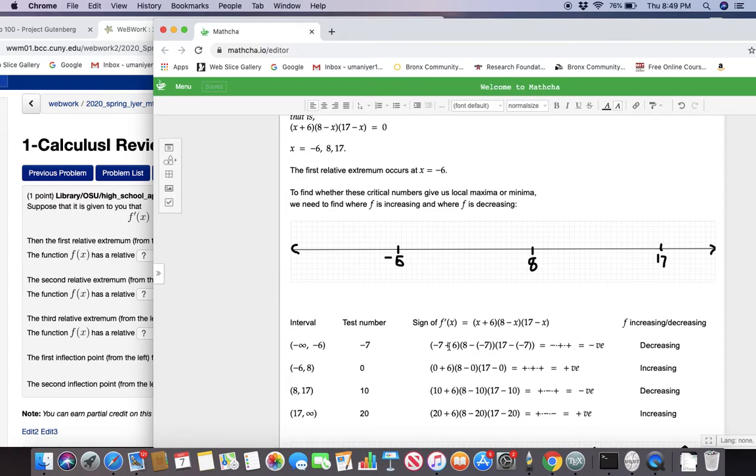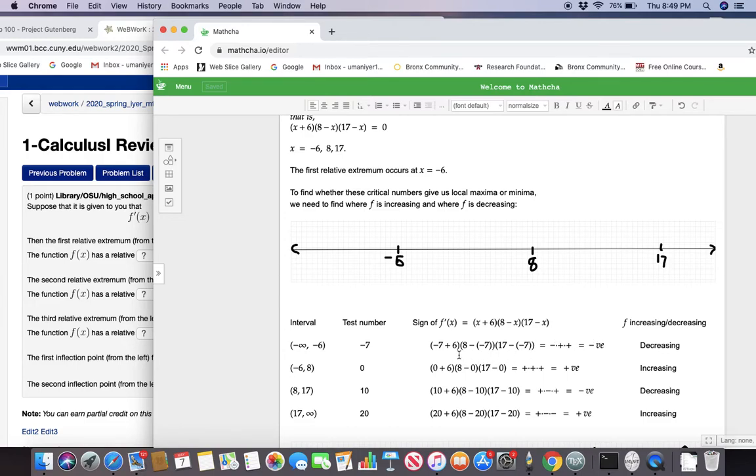If I plug in -7, -7 here gives me an overall negative. Whereas here, because it's -x, minus of -7 will make it positive. This is positive. Same story here, positive. So negative, positive, positive. Overall negative.